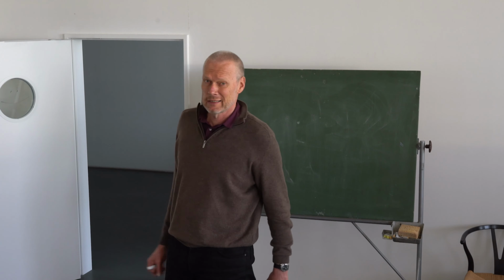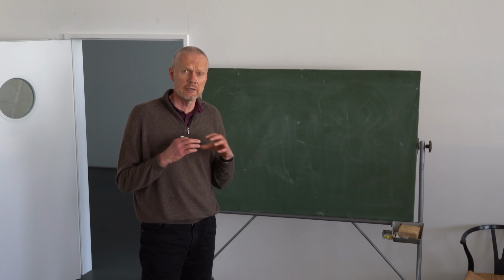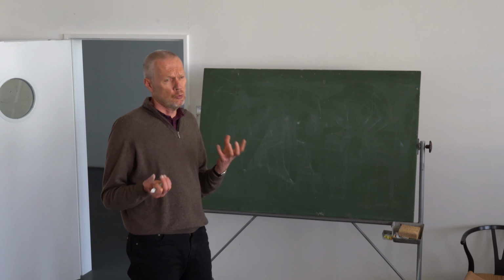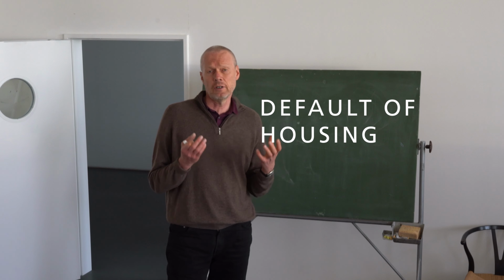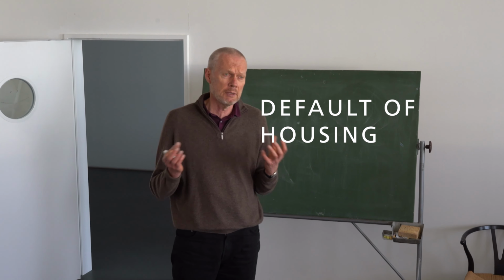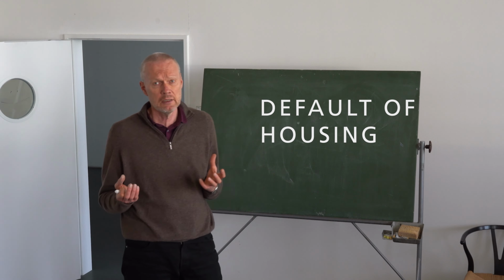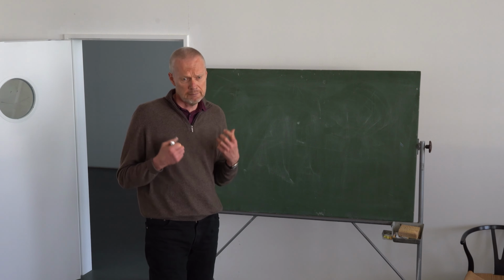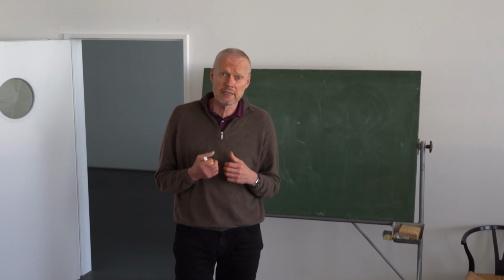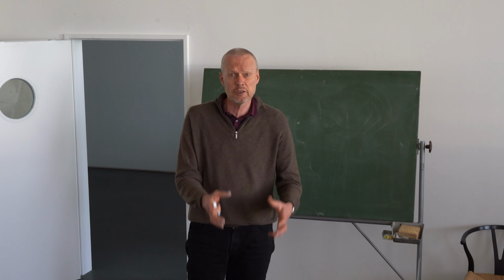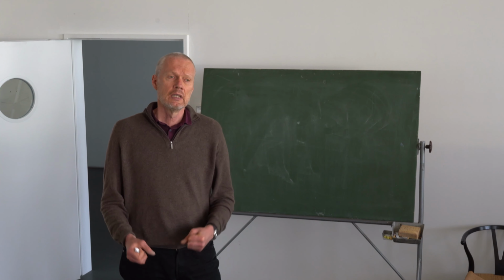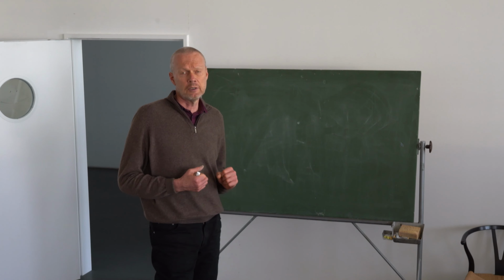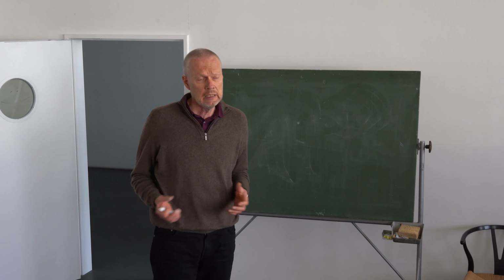So why did I choose housing and universities? After the Second World War in Germany, you had a big default of housing, and some people say there were about 6 million units missing, and you had occupation of existing residential spaces by force, so people were put in your house, coming from the eastern territories that then belonged to Poland or Russia.